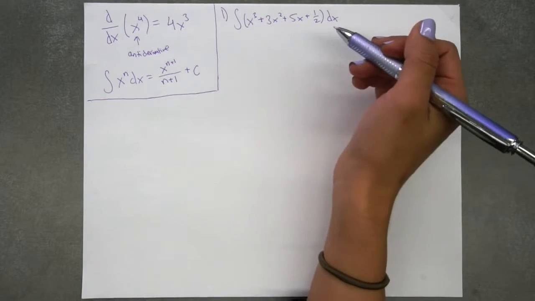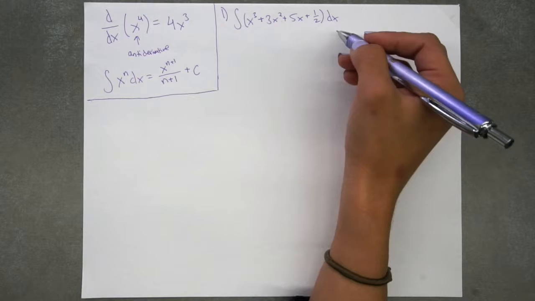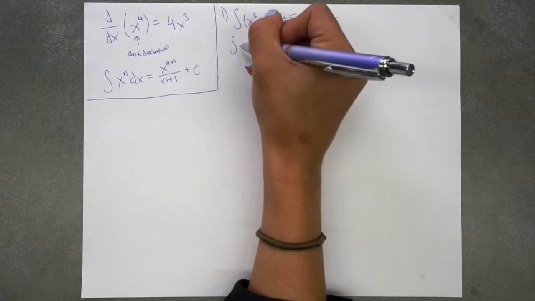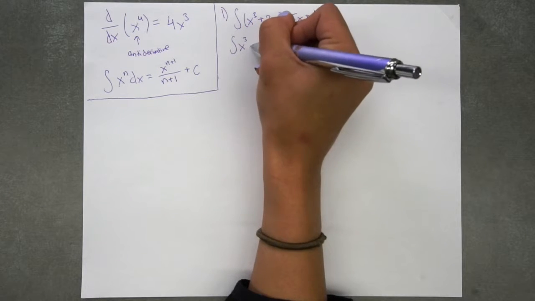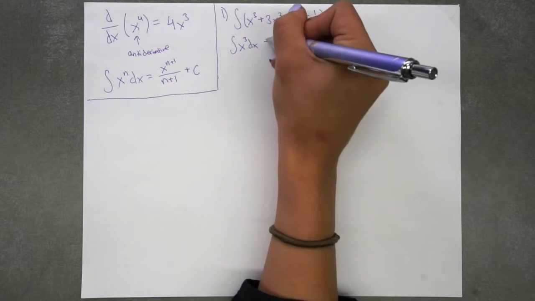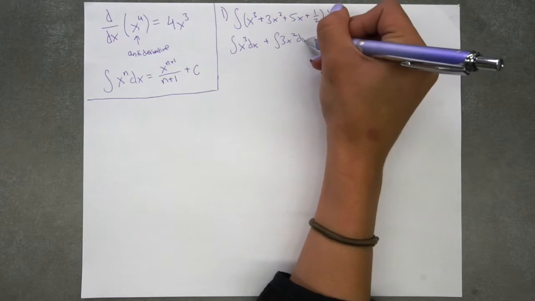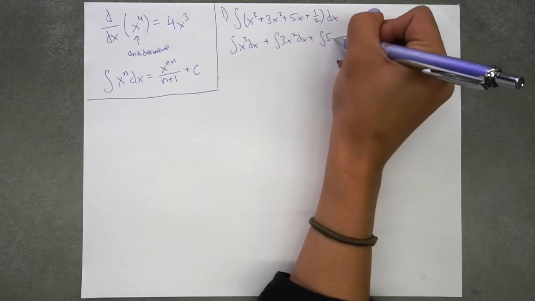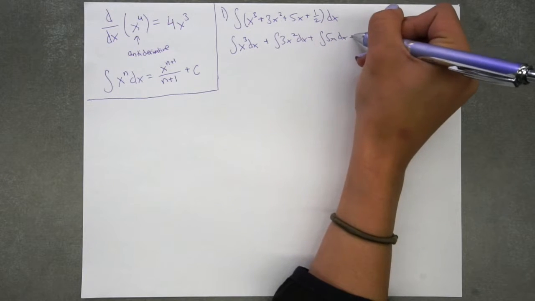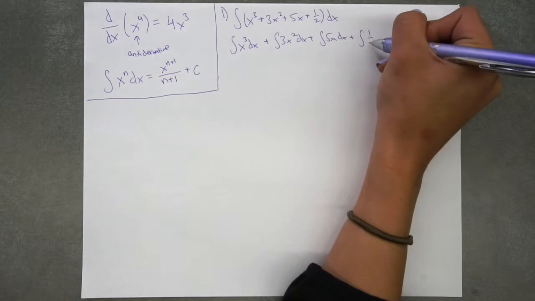So for this one, we're going to split it up into 4 separate integrals. So the integral of x cubed can be written like this, plus the integral of 3x squared plus the integral of 5x plus the integral of 1/2.